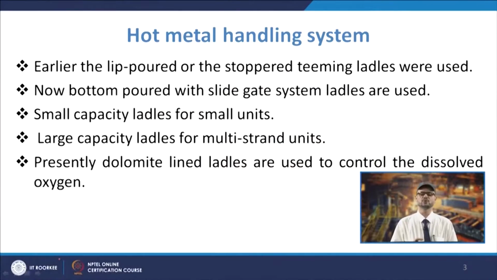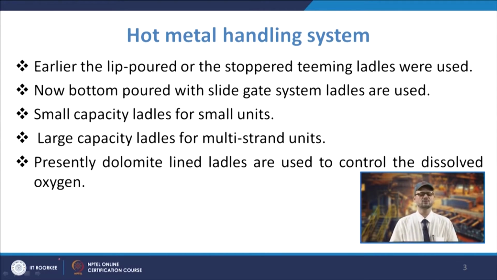Coming to the hot metal handling system. As you know, it brings the hot metal and its job is to pour it into the tundish. Earlier the lip poured or the stoppered teaming ladles were used. That was the practice earlier.